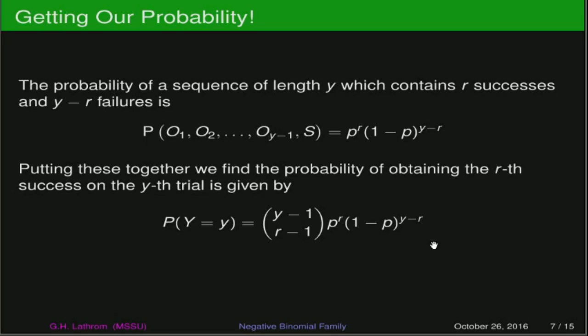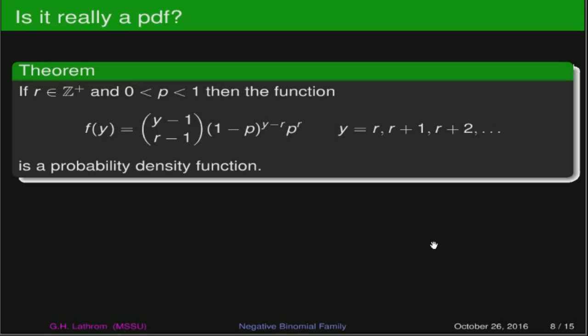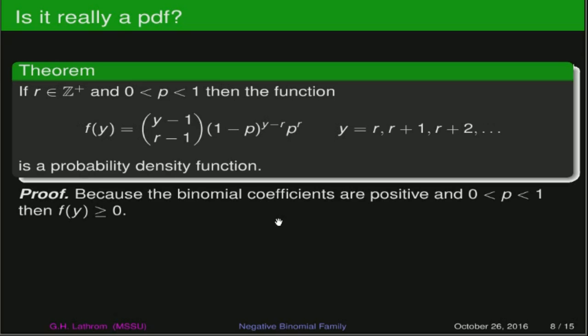So now, of course, this seems like a pretty good derivation. Everything seems pretty solid, but we should always ask ourselves, is this really a probability density function? First, is it going to be positive? Well, our binomial coefficients are positive. p is a real number between 0 and 1, so 1 - p and p are both positive, and if we raise each one to powers, they're going to be positive.